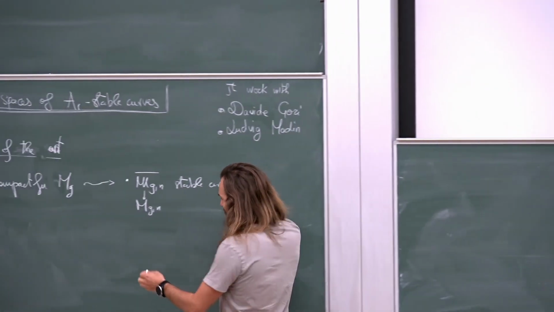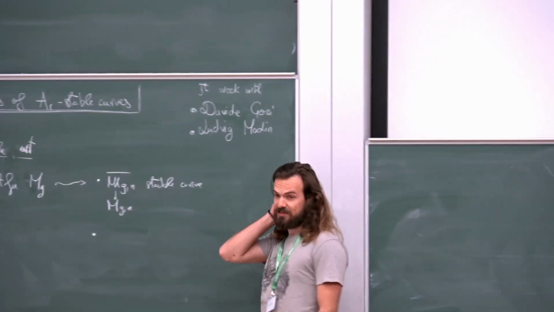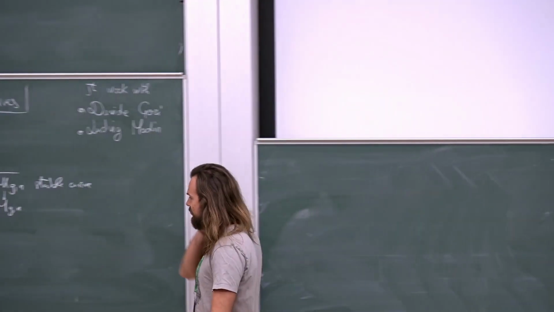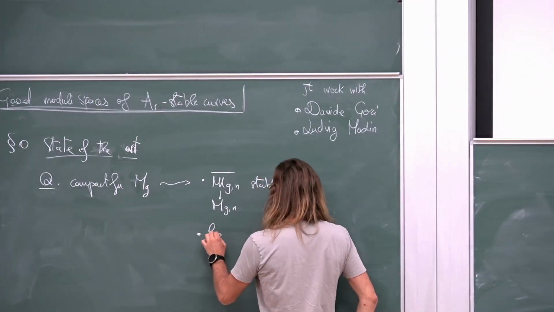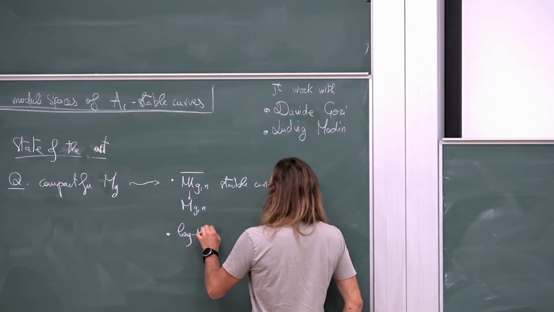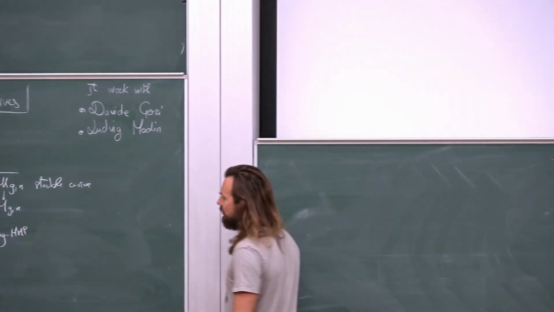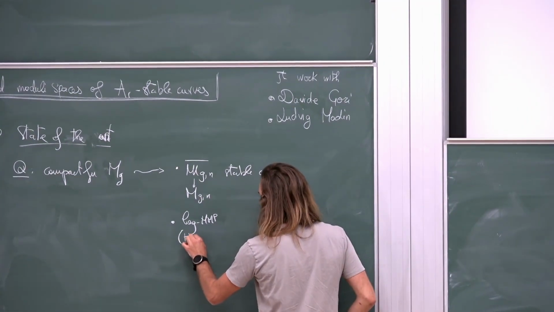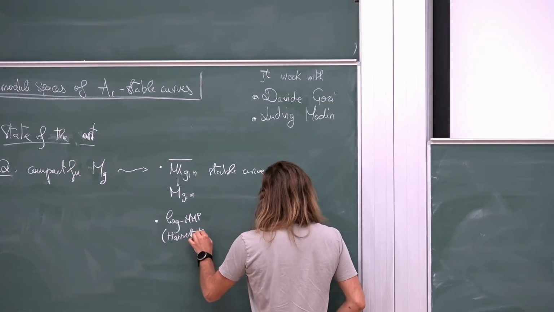But mathematicians don't usually stop at the first example, even if it's very beautiful. So there is all this business coming from the log MMP, which for curves is essentially what is called the Hassett-Keel program.